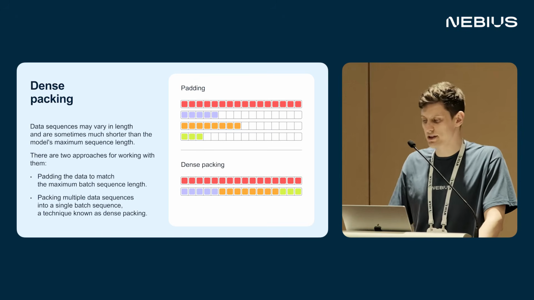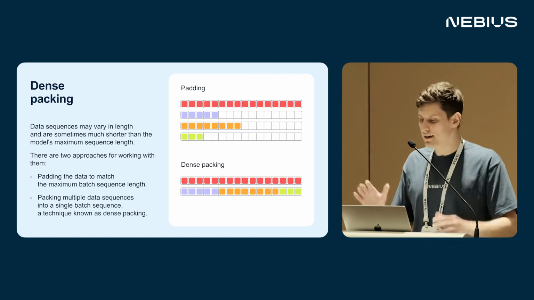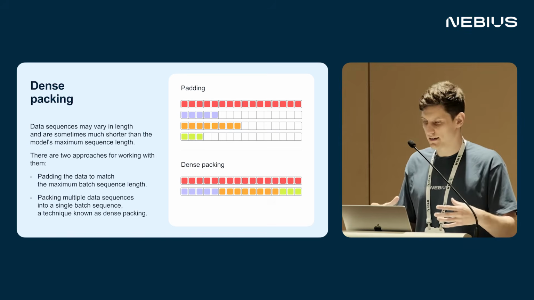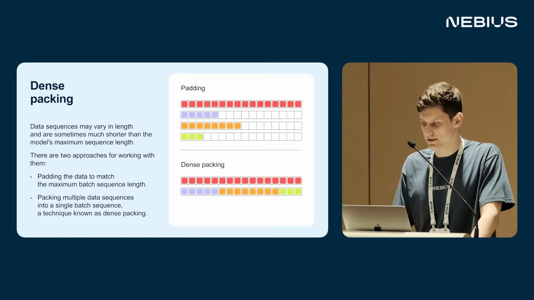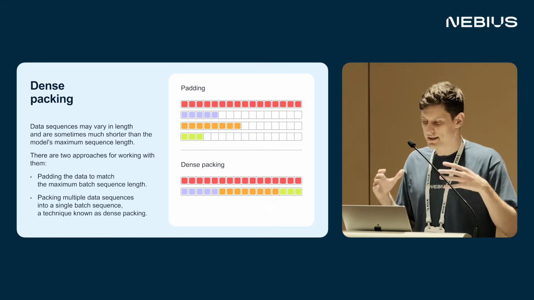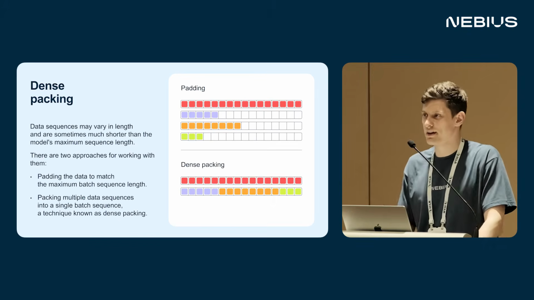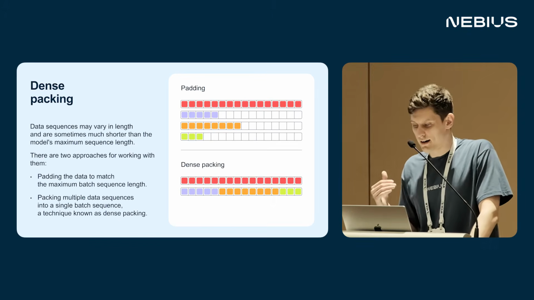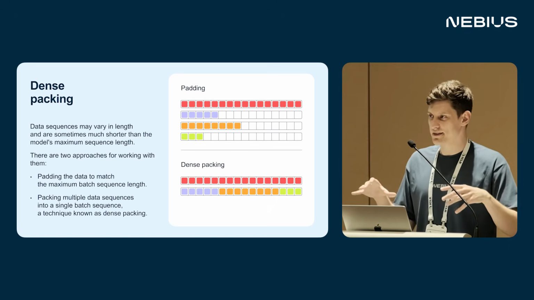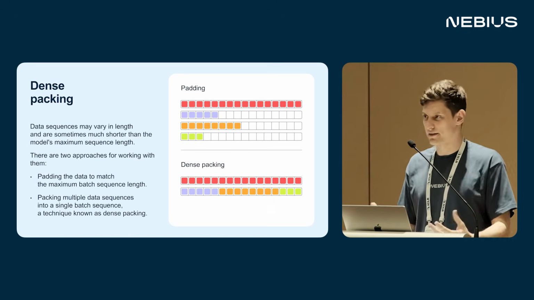The second approach is dense packing. Here you pack multiple data sequences into one longer batch sequence. This is much better at minimizing waste, but does require an extra document mask during the attention operation to prevent different data sequences from affecting each other.